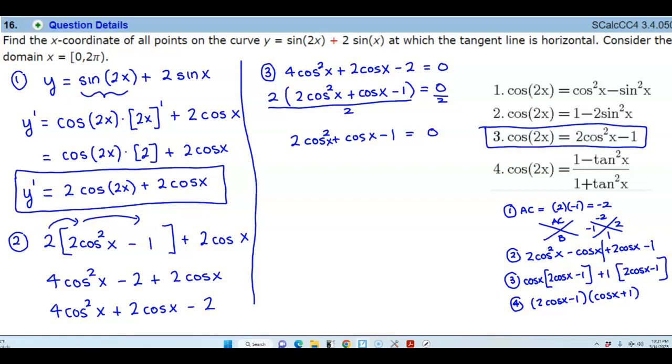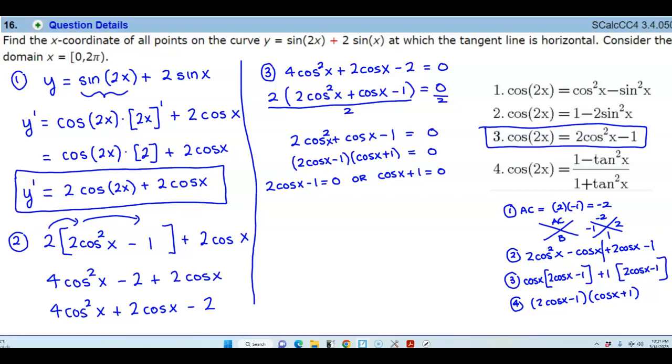Now we're going to rewrite that up here in step 3. So now we know that we factor this to get 2 times the cosine of x minus 1 times the cosine of x plus 1, and then we're going to set that equal to 0. So the first thing is we have 2 times the cosine of x minus 1 equals 0, or the cosine of x plus 1 is equal to 0.